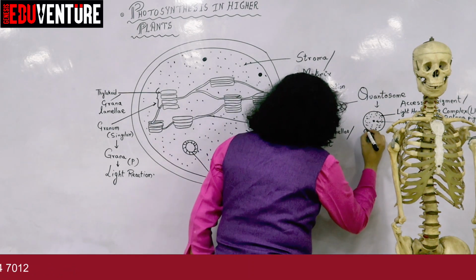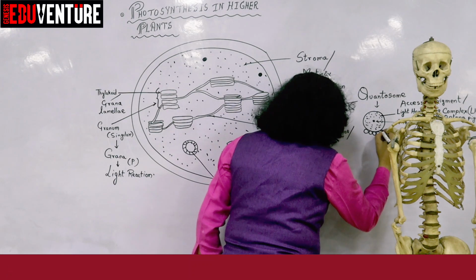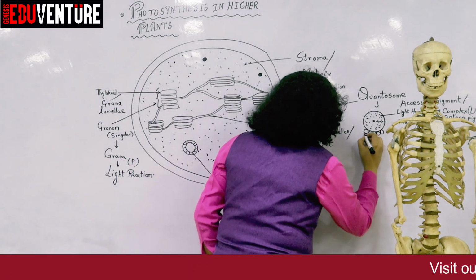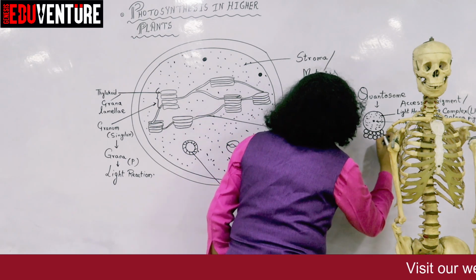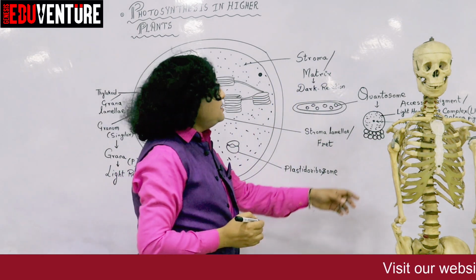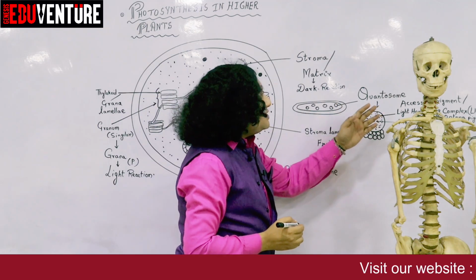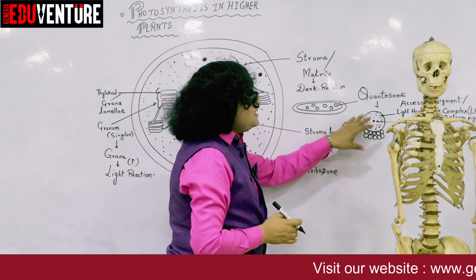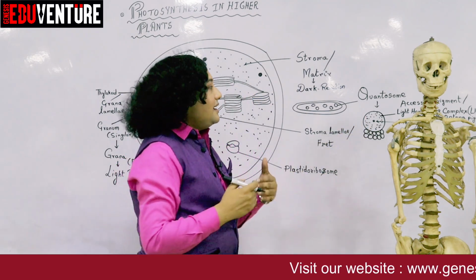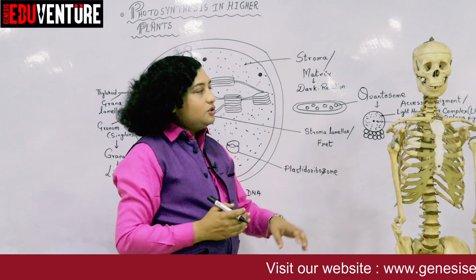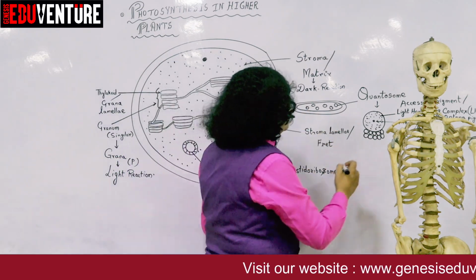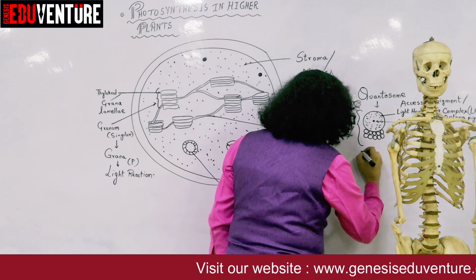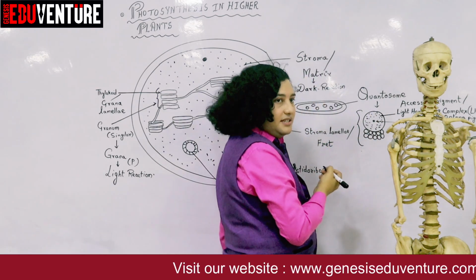Now these antenna pigments, along with the main pigment, are associated with some proteins. The main pigment is present at the photocenter or photochemical reaction center. It is surrounded by the light harvesting complex made up of light harvesting pigments, and these are associated with proteins. So the entire thing constitutes what is known as the photosystem or light harvesting system.